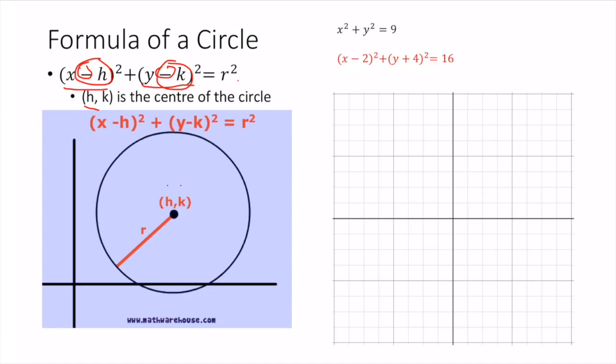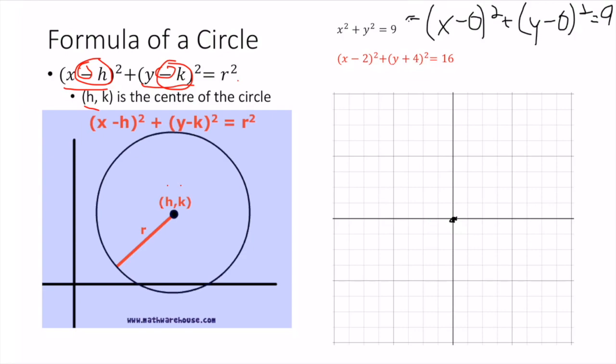So if I were to draw this circle, I have x squared plus y squared equals 9. That's the same thing as writing (x minus 0) squared plus (y minus 0) squared equals 9. So the center of my circle is simply (0, 0).